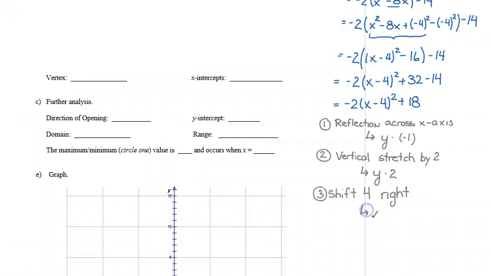So that means I'll take each x value and add 4. And finally, I'm going to shift 18 up. So I'll take each y value and add 18.